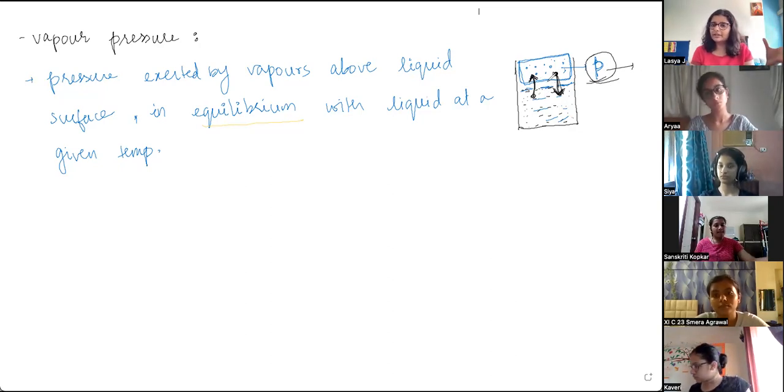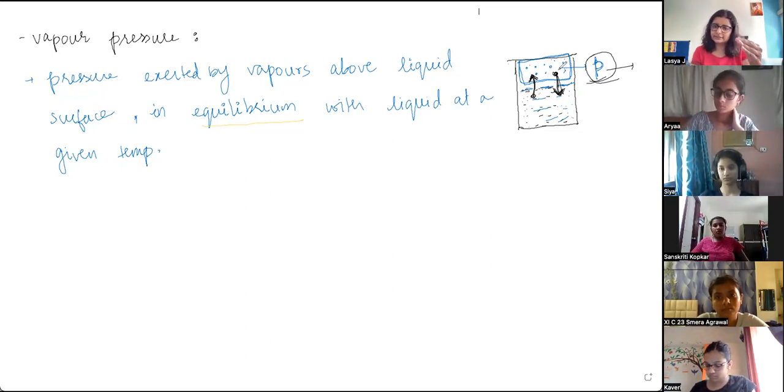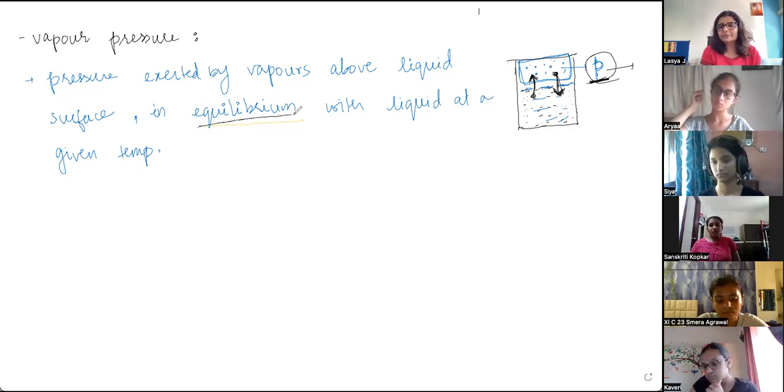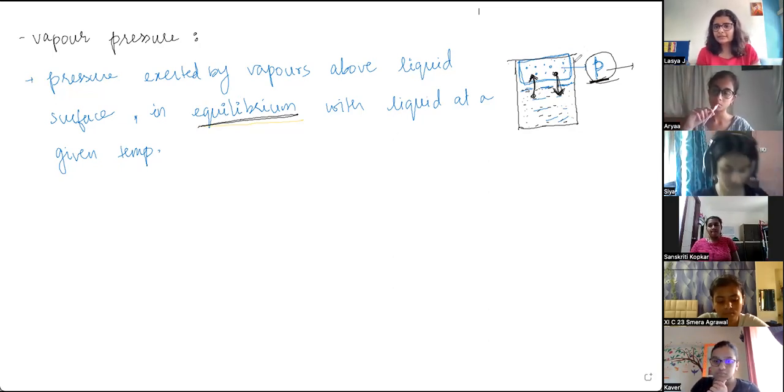But eventually at one point, this is going to stabilize because it is saturated with water vapors and condensation starts. So when both are equal, net nothing is happening and pressure is constant, stabilized at a particular value, that's when we say equilibrium has happened. So when the liquid is in equilibrium with its vapor, when you measure the pressure, that will be the vapor pressure.